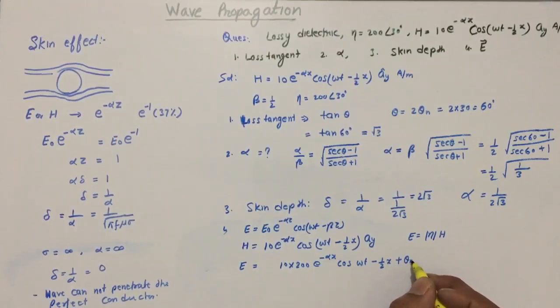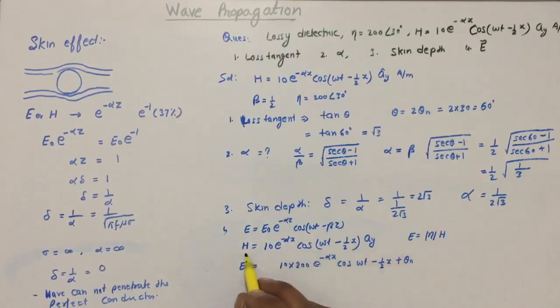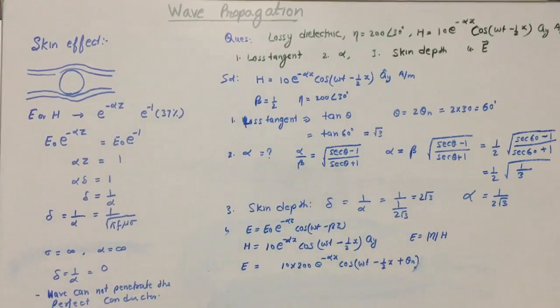If we add it here, it represents that the magnetic field is lagging E, so we have to present it with a plus sign.